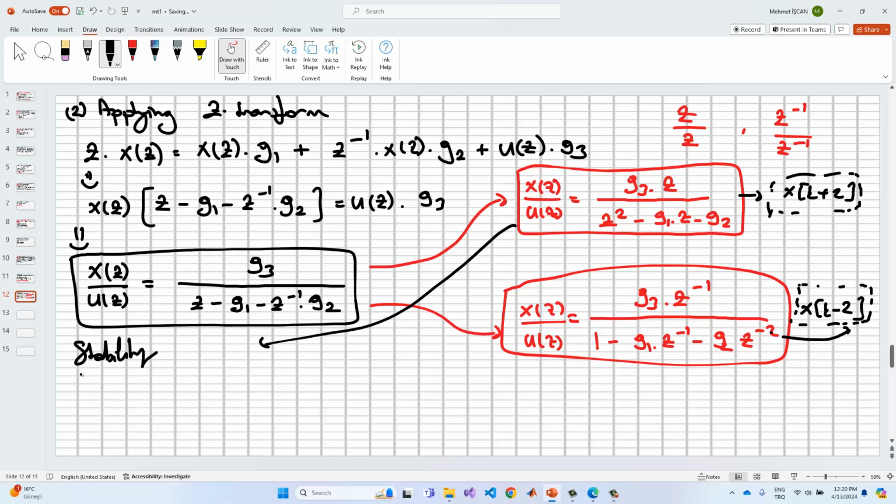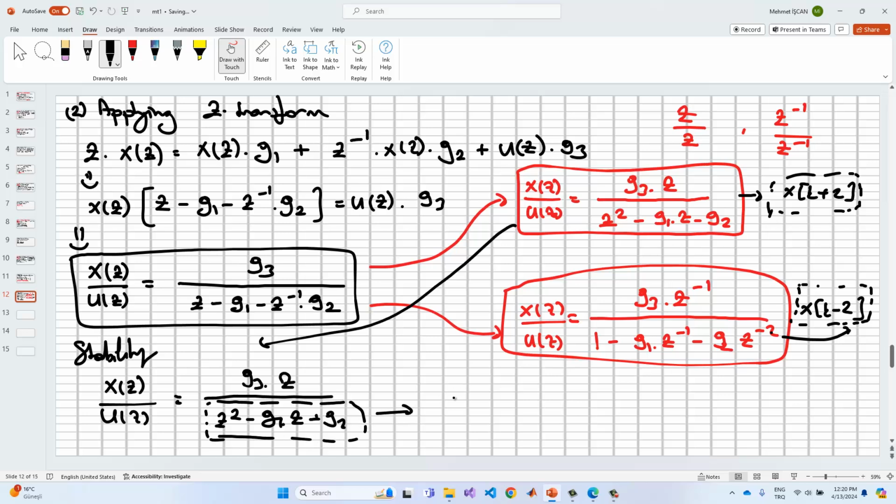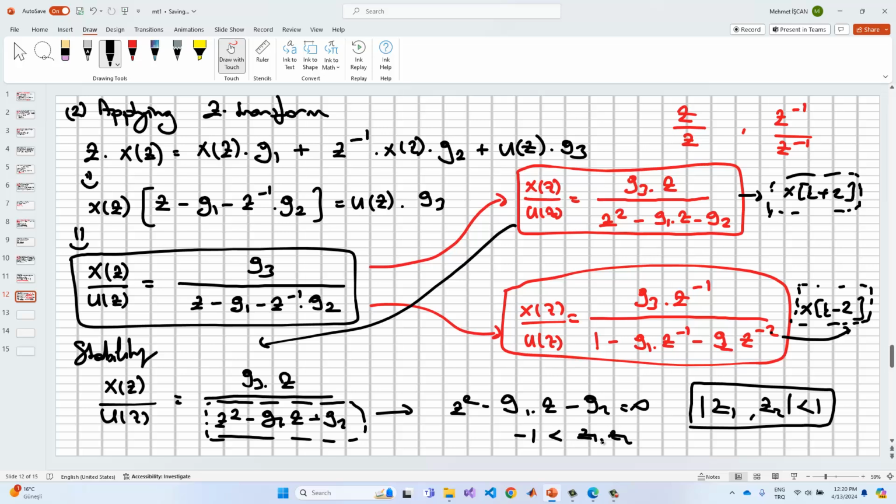If we have this equation X(z) over U(z) equal to g3 z, this is zeros, z square minus g1 z minus g2, in order to check the stability of this term, we should set z square minus g1 z minus g2 equal to 0, and the roots z1 and z2 must be contained within the unit circle, or in other terms the condition minus 1 less than z1, z2 less than 1 should be satisfied for the stability rule.